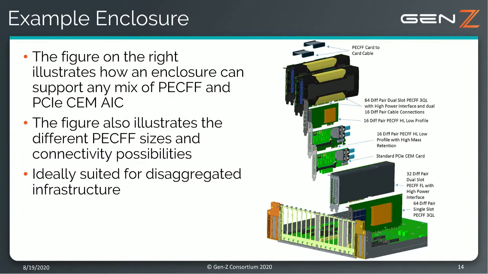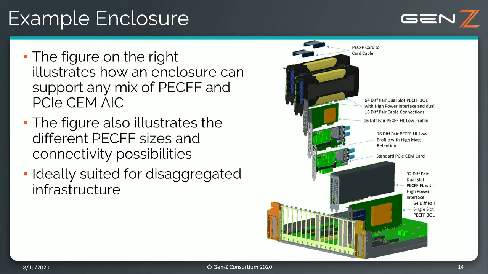This is another illustration that helps us to see the flexibility and benefits of PECFF within a data center. This really optimizes the whole concept of disaggregation. We can see that a PECFF chassis can support any mix of PECFF or PCIe CEM add-in cards.